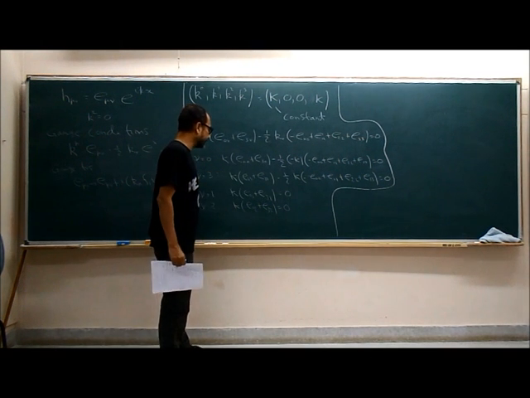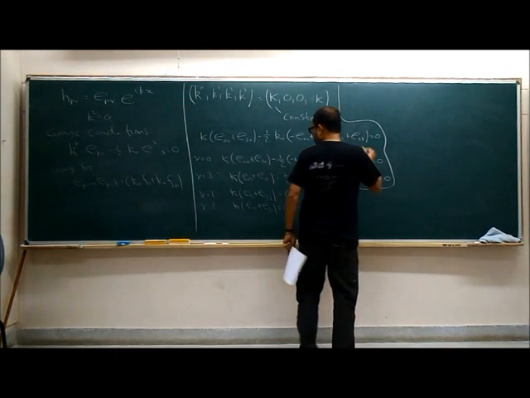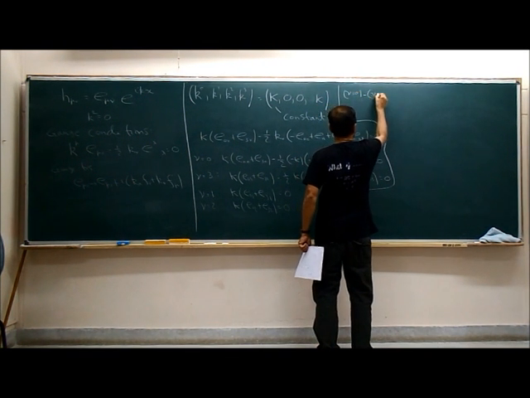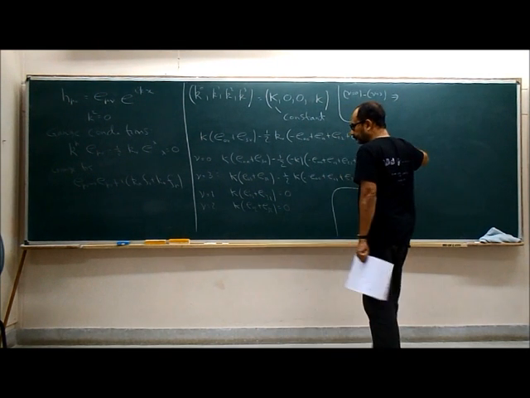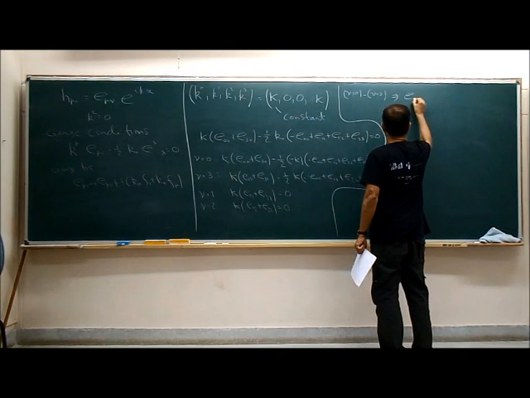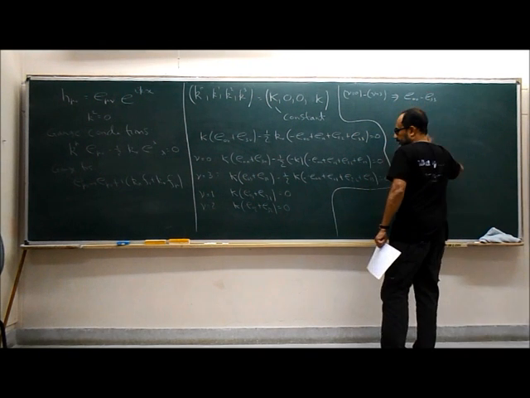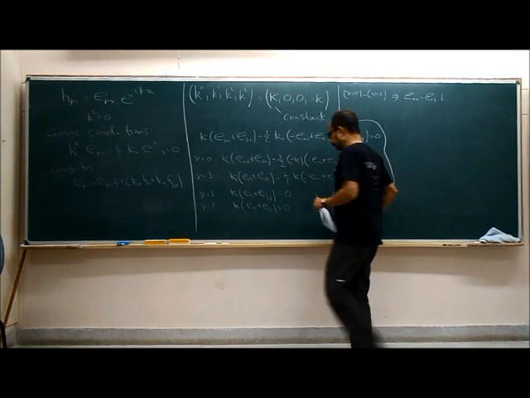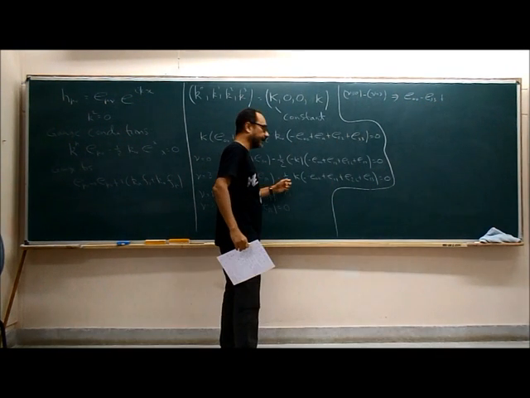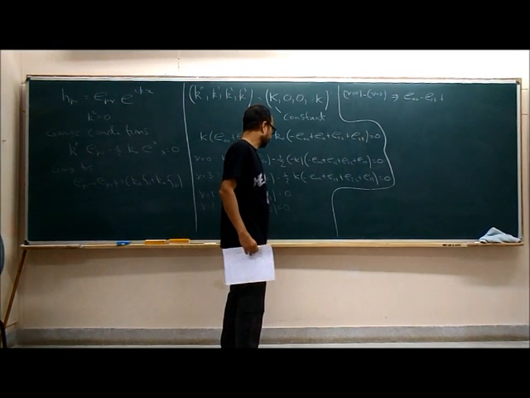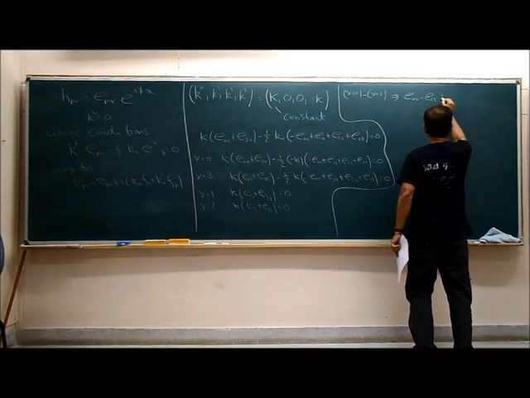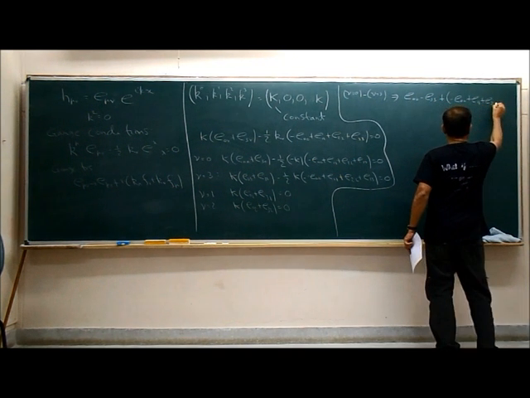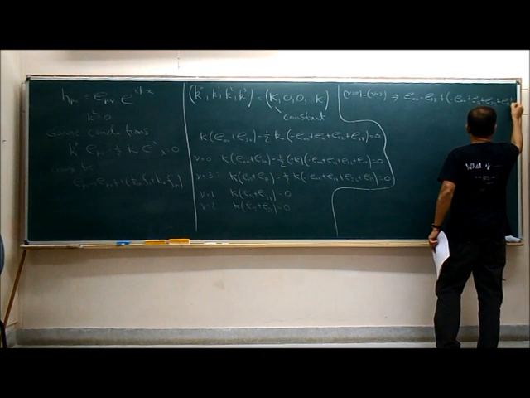So you get E00 minus E33, and then plus, essentially this is half k, this is minus half k, so it just doubles, plus minus E00 plus E11 plus E22 plus E33 equal to 0.